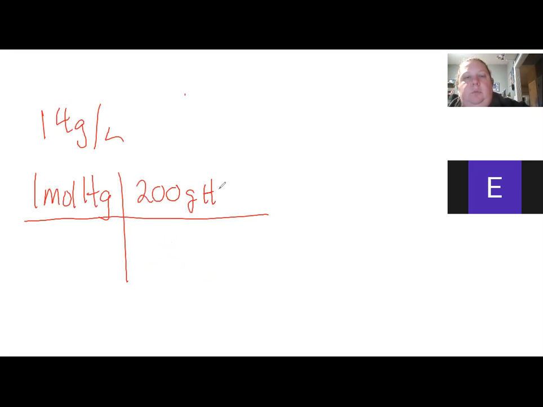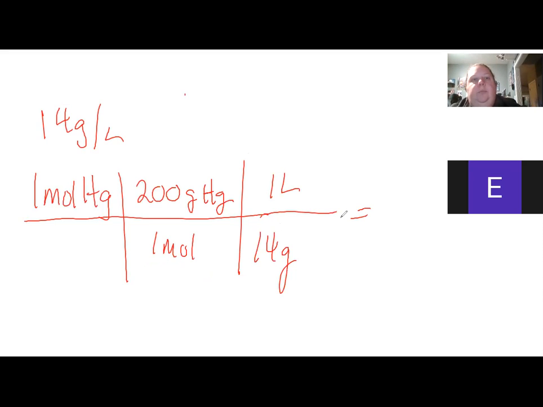200 grams of mercury is in 1 mole. And then they said the density is 14 grams for every 1 liter. So 200 divided by 14 is kind of hard without a calculator, but we could round it. We could do 200 divided by 15.